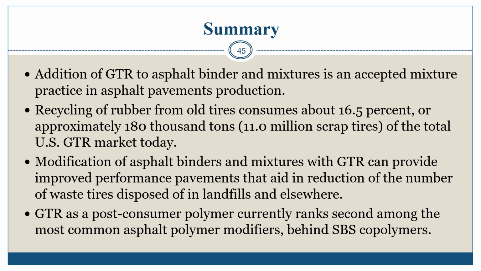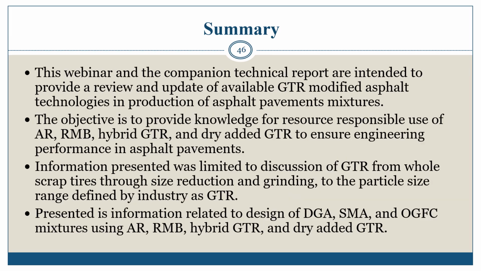GTR modification of asphalt binders and mixtures can provide improved performance pavements that aid in reduction of waste tires disposed of in landfills and elsewhere. Post-consumer GTR polymer currently ranks second among the most common asphalt polymer modifiers behind SBS polymers.